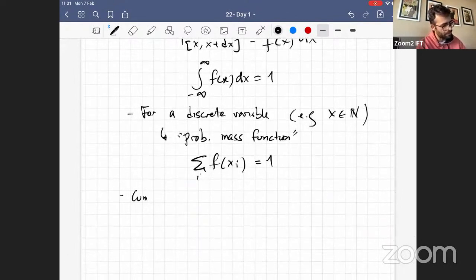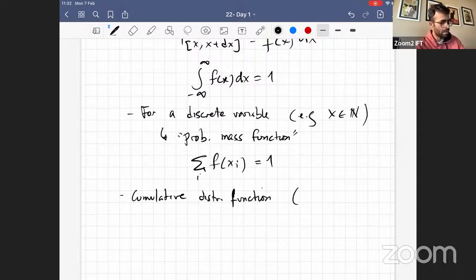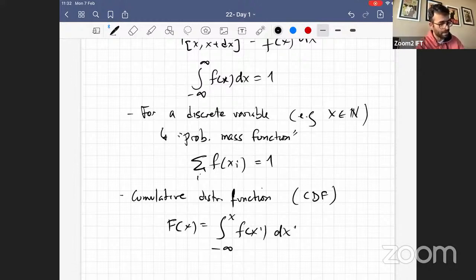But then there are many useful functions on that. And I am now referring, again, to continuous variables. I will talk about the cumulative distribution function, CDF, as it is sometimes called. This is just the integral from minus infinity, or the domain, let's say, of the variable, to some value x of f dx.